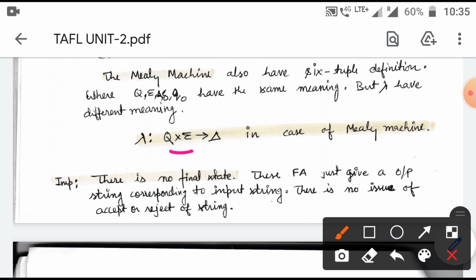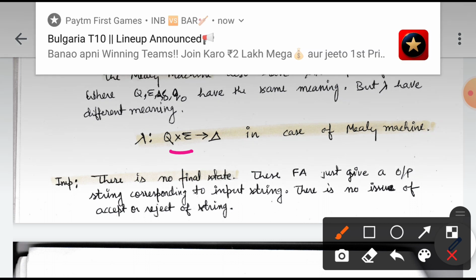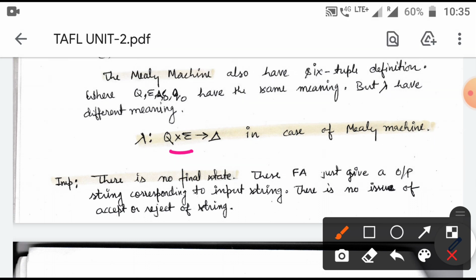So when we start processing, it is initially in the initial state, so without consuming any input alphabet it gives output regarding the initial state, which is not considerable, so we have to ignore it.